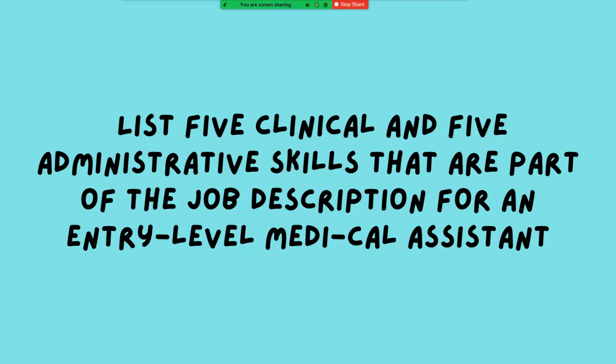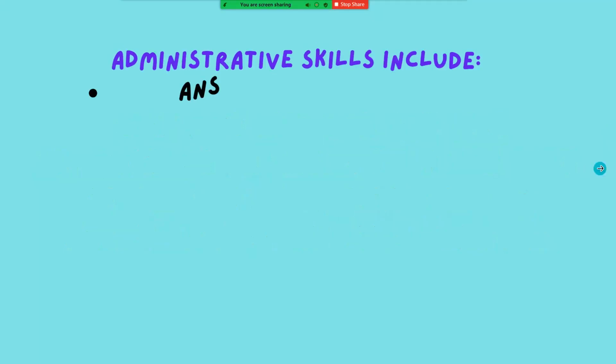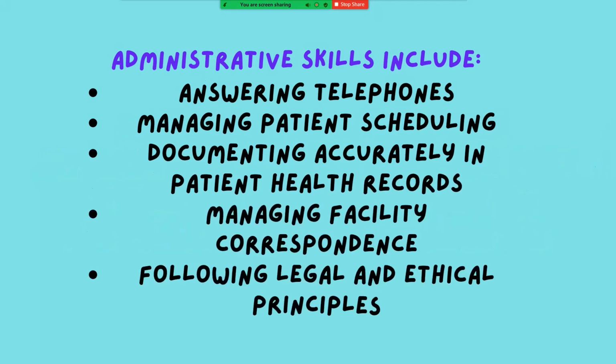So let's do some questions. List 5 clinical and 5 administrative skills that are part of the job description for an entry-level medical assistant. So we're just going to do administrative medical assistant. So here are 5 duties: answering the telephones, managing patient scheduling, documenting accurately in the patient health record, managing facility correspondence, and following legal and ethical principles.